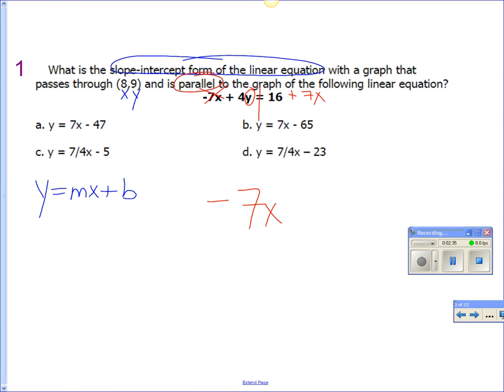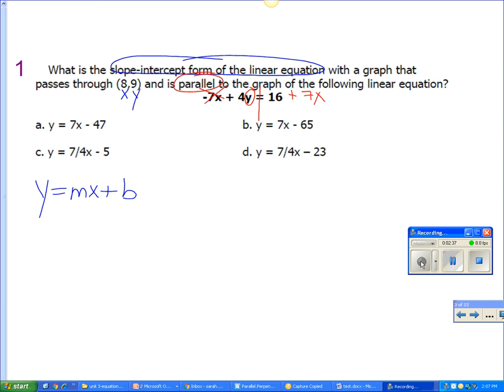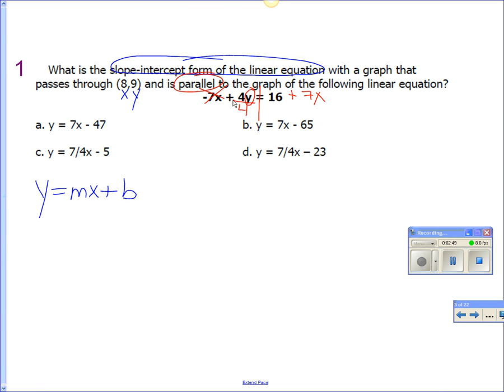Can you move up here just for notes, please? So, negative 7x moved to the other side. It became positive 7x. And I have to do one more thing. What is it? Divide everything by 4. Okay? All right.